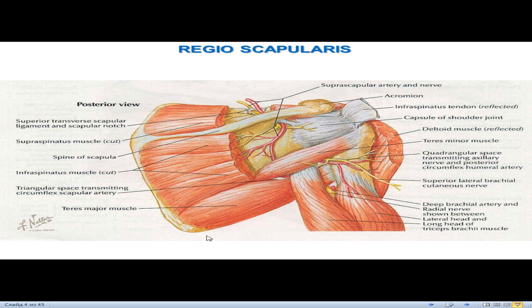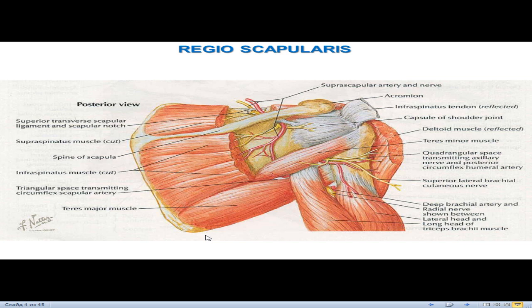Third, borders. The borders are: superiorly, a line which passes from the acromioclavicular joint to the spinous process of the seventh cervical vertebra.